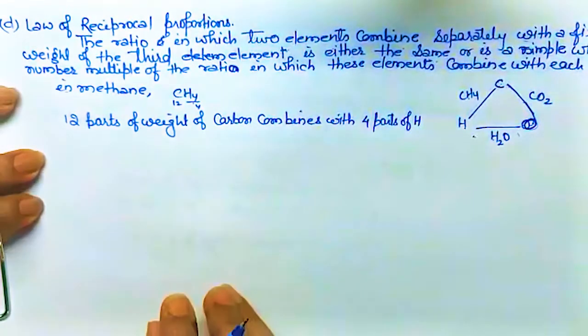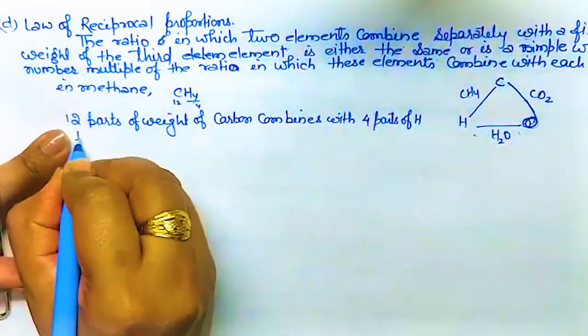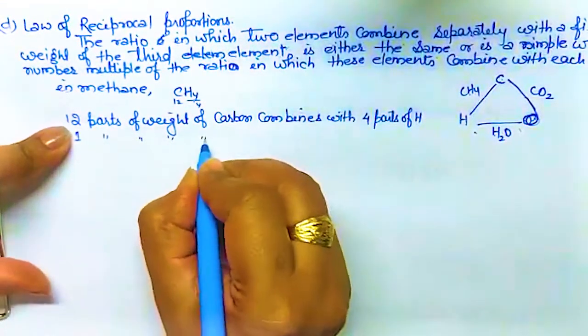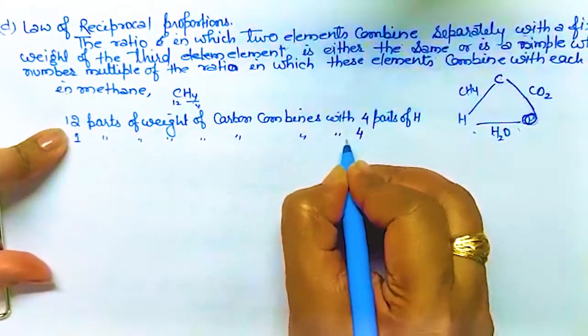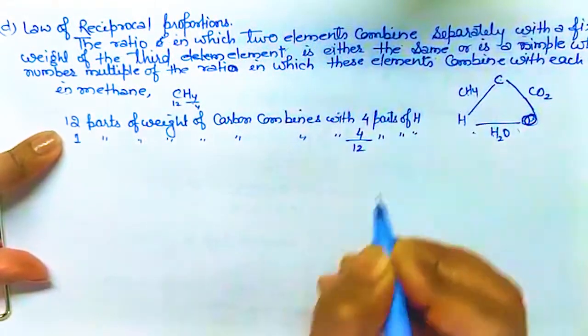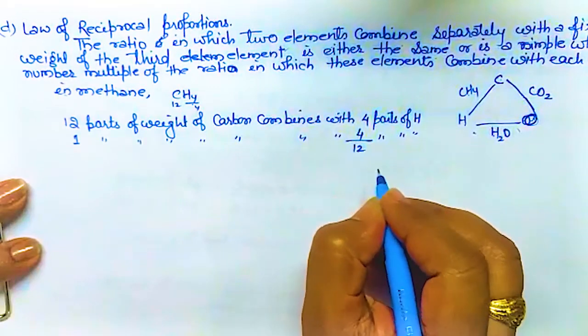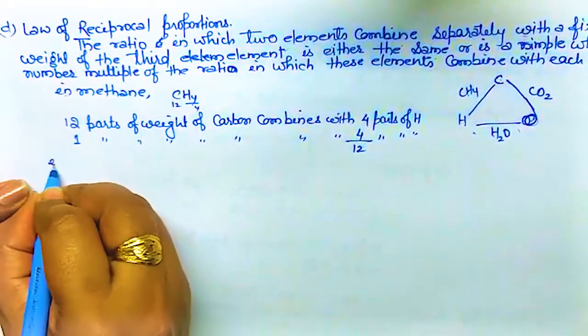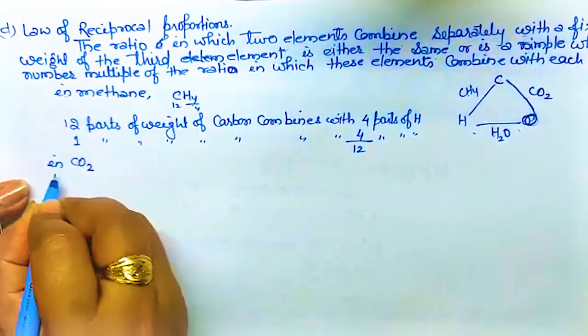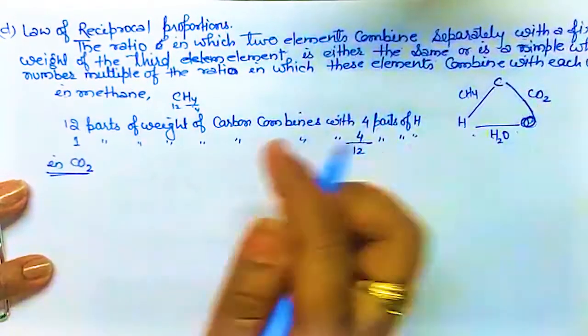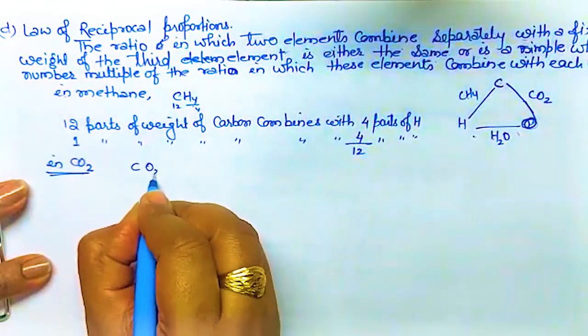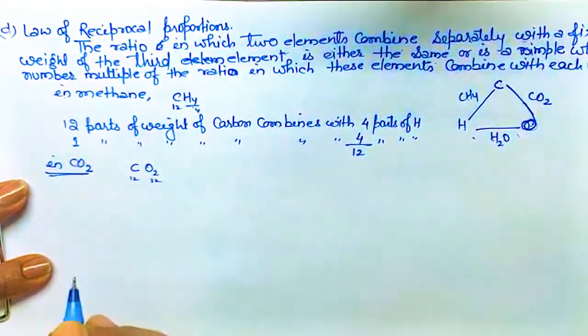So if it is 1 part of carbon, then how much? It will be 4 upon 12 part of hydrogen. Any doubt in this? Similarly, 4 upon 12 we got. Now in carbon dioxide, find it. This is carbon and oxygen, so here it is 12 and here it is 32, isn't it?